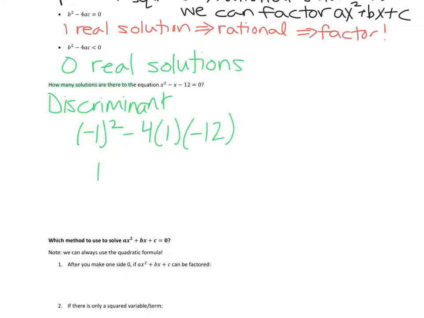Let's see, negative 1 squared is 1. Negative 4 times negative 12 is 48. So we're looking at 49, which is greater than 0. So since our discriminant is greater than 0, we know from above that there's 2 real solutions.